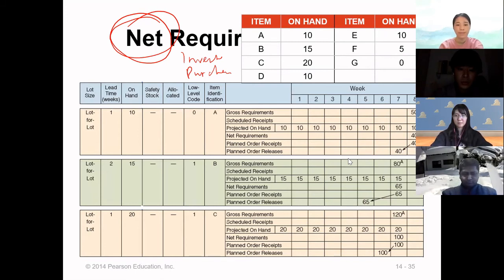For example, this is the item on hand. A, we have 10, B, this is inventory. So given this data on inventory on hand, except for G, we don't have any inventory.